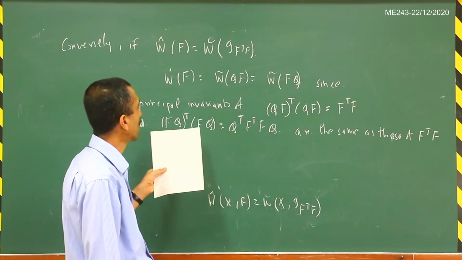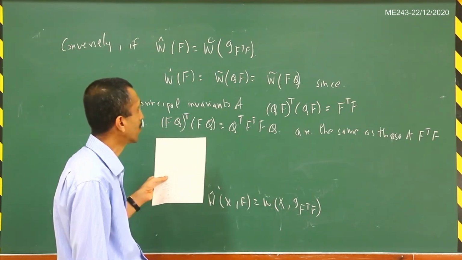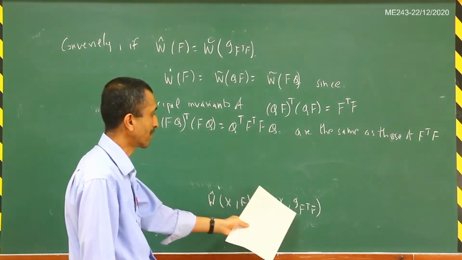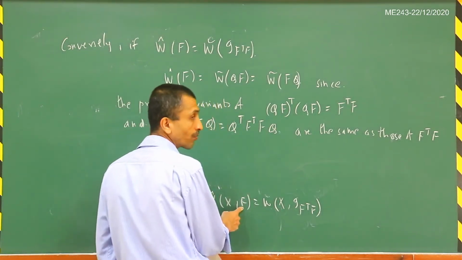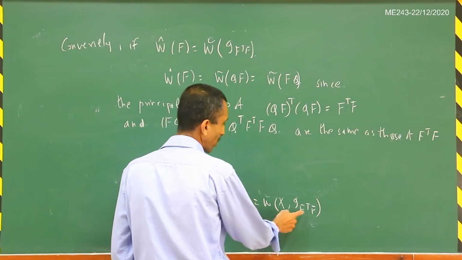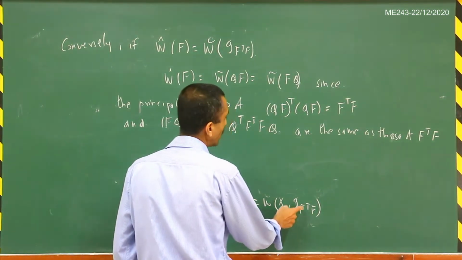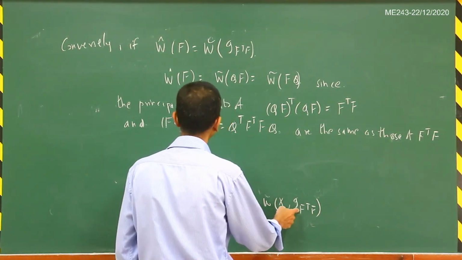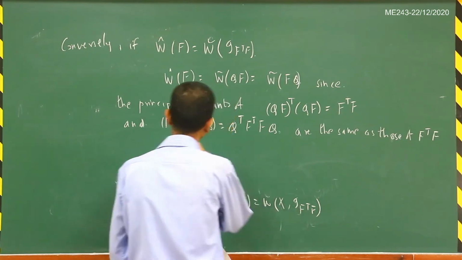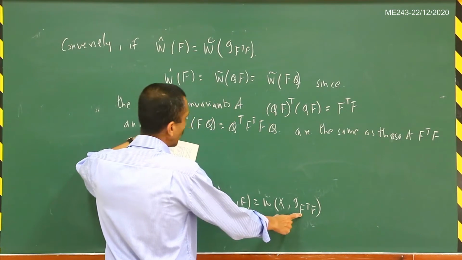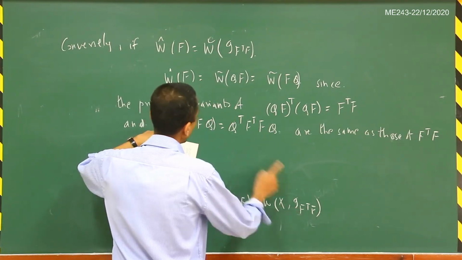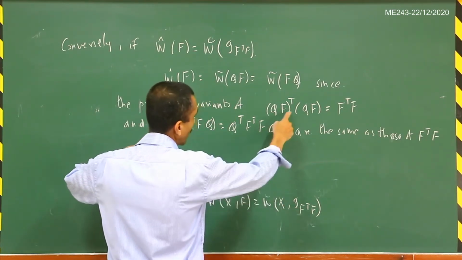And so basically, because that function exists, we just need to show that. So suppose you replace this by FQ, then here also you need to replace it by FQ. And so what we have shown is the principal invariants of FQ transpose times FQ, so in place of this F, now you are putting FQ, that is Q transpose, and then similarly for this other case also.